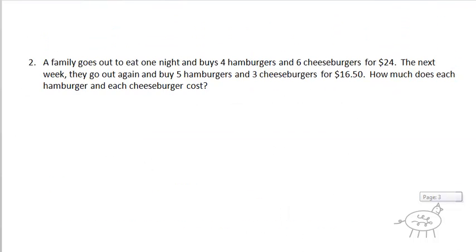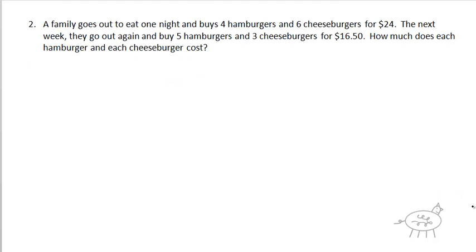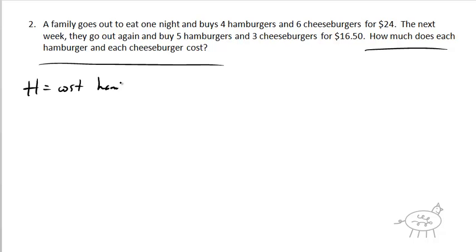So this is kind of the same thing. Basically, they ask you how much does each hamburger or cheeseburger cost. So H equals the cost of a hamburger, and C equals the cost of a cheeseburger.